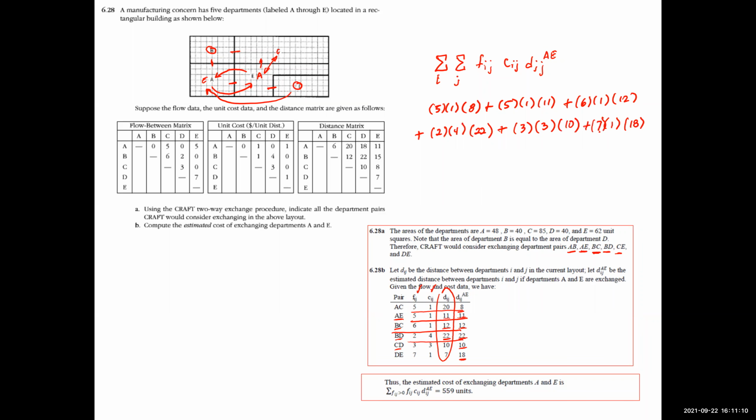Double check. Okay, so this should be equal to 559. So the computed cost of exchanging departments A and E is 559, which is the answer here.